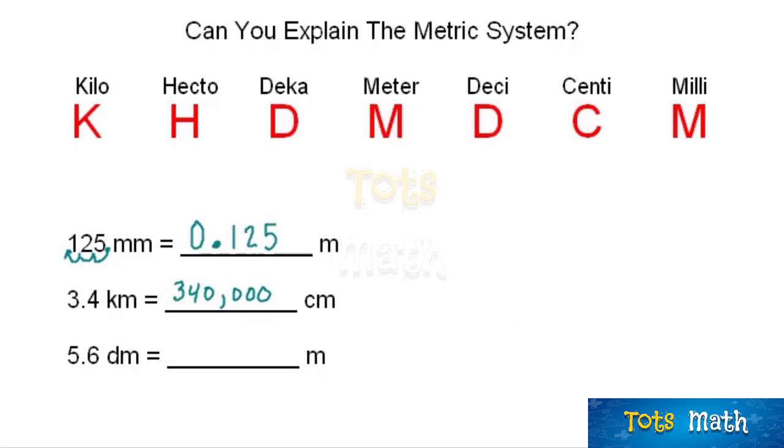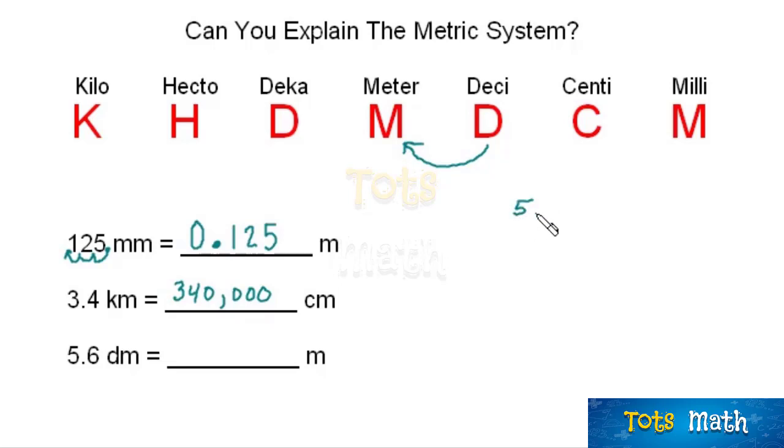Let's take a look at the third problem. This time we have to convert decimeters to meters. Well, decimeters are right next door to meters. So to move from decimeters to meters, we only have to make one jump. And we're moving to the left.